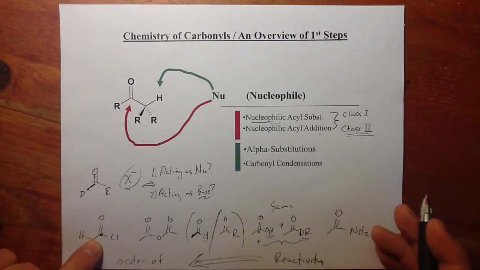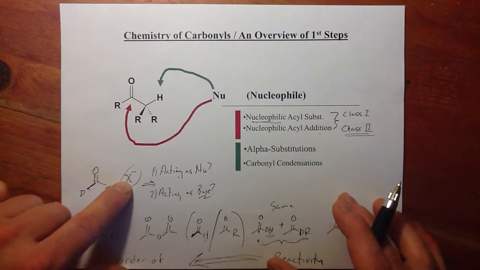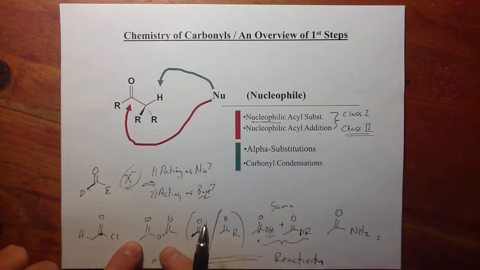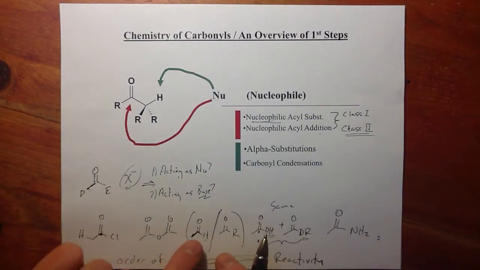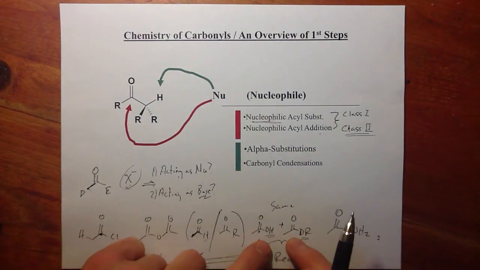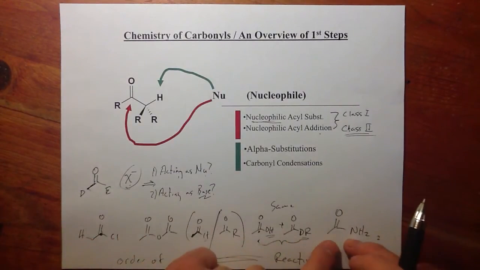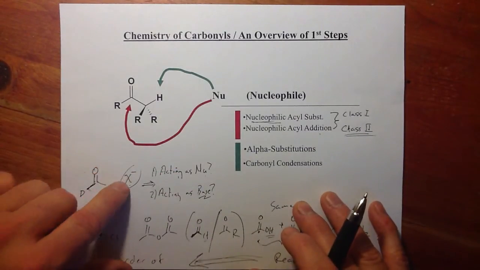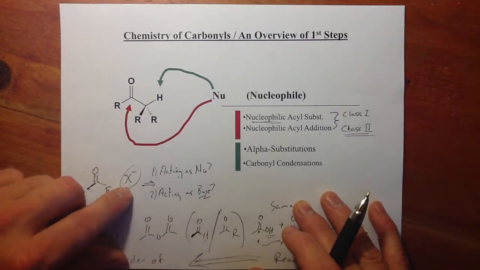Acyl halides are more reactive. Regardless of the negative charge acting towards the carbonyl or to the alpha proton, the anhydride is more reactive than the aldehyde, ketone, carboxylic acid, ester, and amides. That's important to remember.